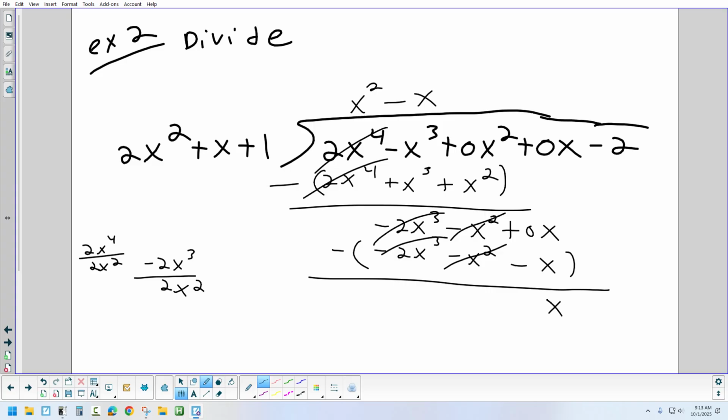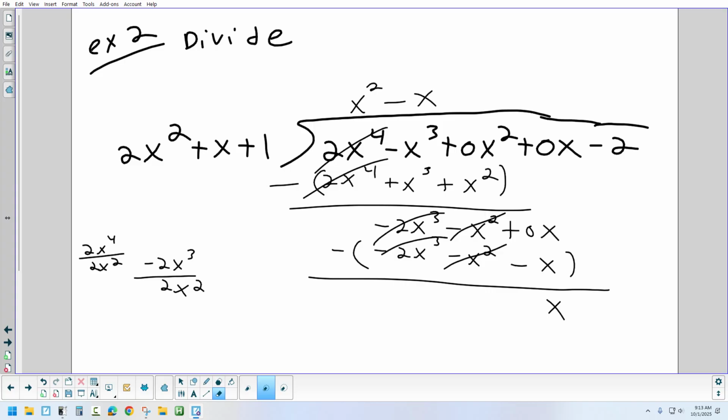0x minus x leaves me with x. What's the degree on the x on the inside? Yep, 1. What was the degree of what was on the outside? Yep, it was 2. We're done now.